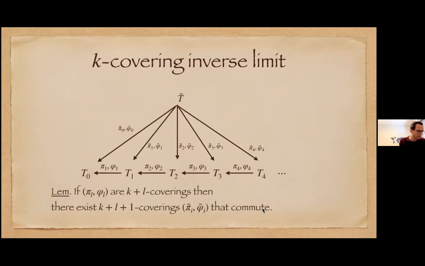And the proof of this lemma, of the existence of an inverse image, is as follows. What we do is arrow chasing. We are more or less forced to construct T tilde in a certain way.